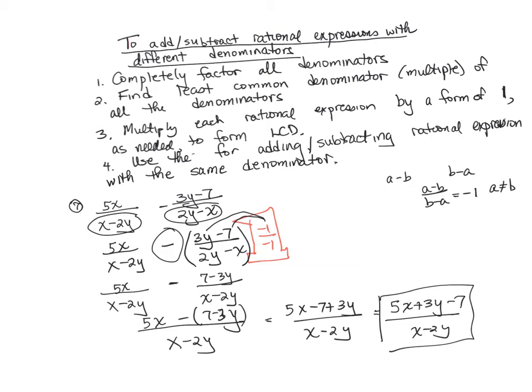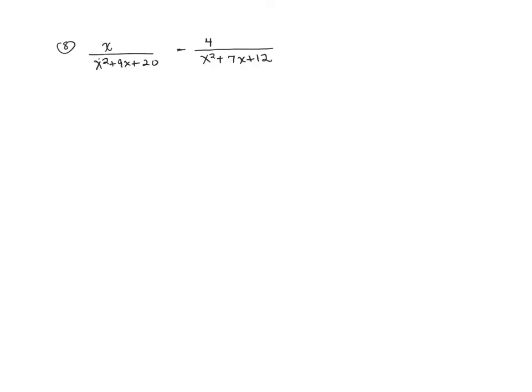All right, so let's try a few more. Let's copy this problem and give yourself a few minutes to try this and simplify it as much as you can. Again, keep the denominator factored. All right, so let's begin.